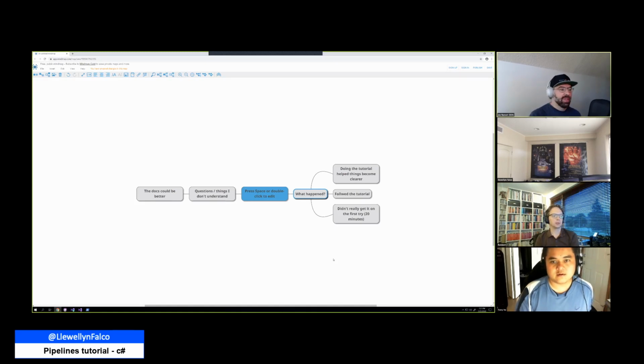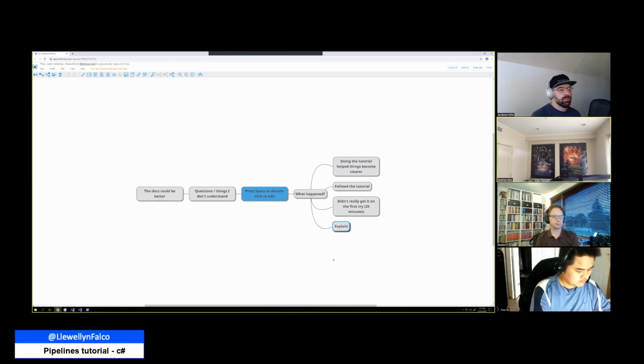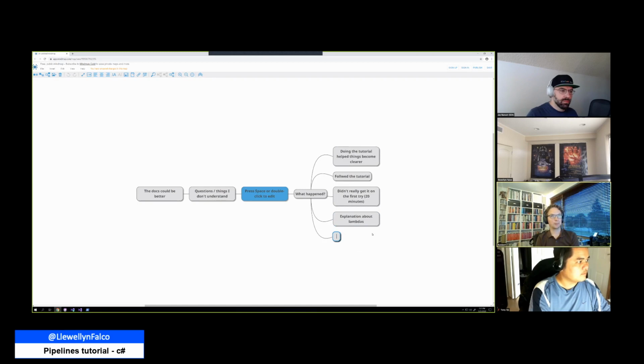Before we followed the tutorial, we had this explanation about lambdas, and then about wrapping that in an object.